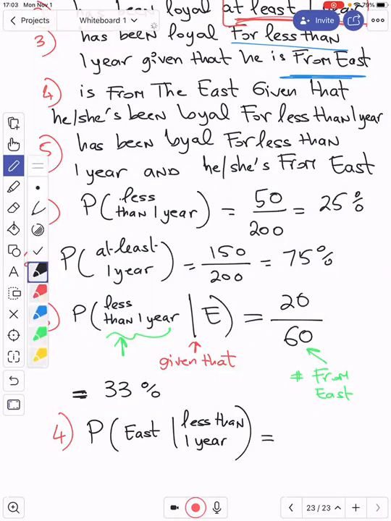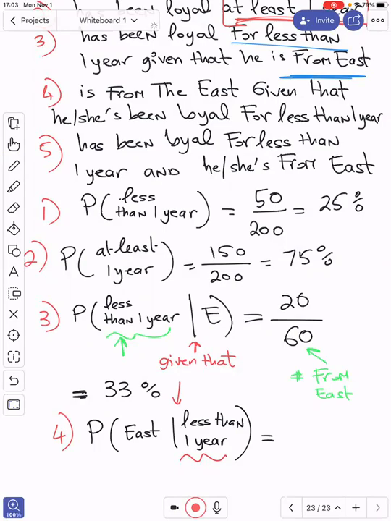So yeah, again, we know that it's not just a random customer, it's a customer who has been loyal less than 1 year, right? So we are just interested in customers that have been loyal for less than 1 year.